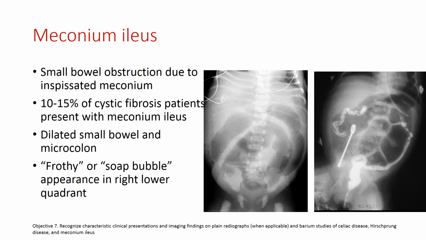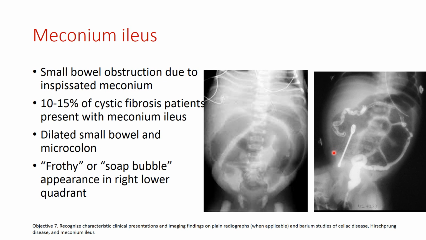Meconium ileus is kind of the opposite of Hirschsprung disease as far as radiographic findings. What we see is meconium that is inspissated, usually within the distal ileum, and we get this kind of frothy or soap bubble appearance down in the right lower quadrant of the abdomen, which is the inspissated meconium, where it hardens and becomes nodular.